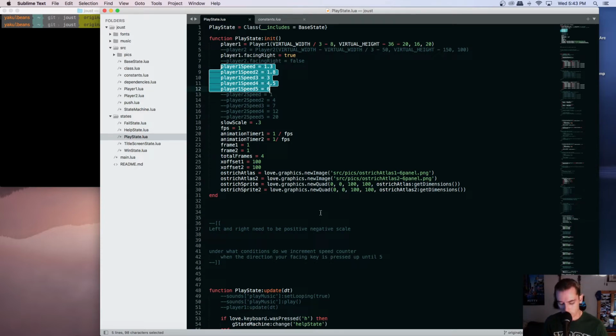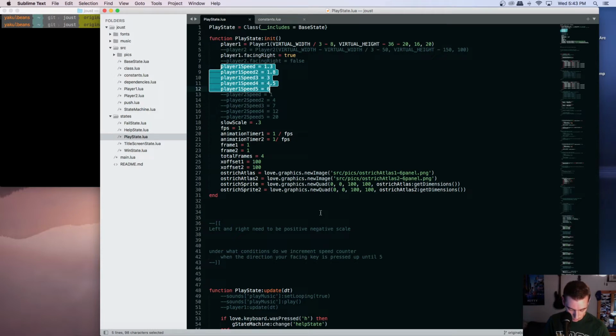My idea with player 1 speed was, instead of a magic number, to just give it a default speed, and then if I wanted to speed it up, I would just change that first player speed and everything else scales off that. But I'm not convinced that's the way to do it now.